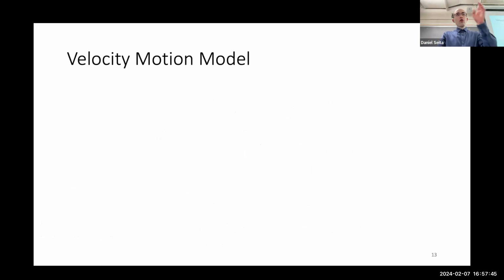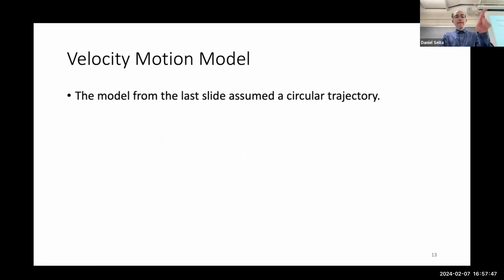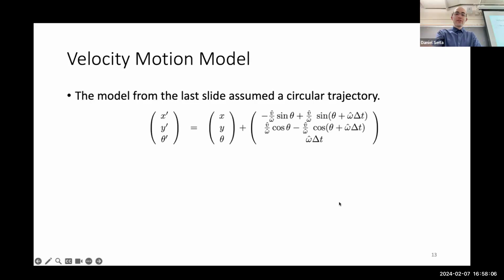Now, one other last thing is that the model we've been talking about assumes a circular trajectory. So you have the 2D robot and it's moving in a circle, like this. This is the model from the last slide: your current pose plus something that depends on your action, with the model noise, equals the next pose.